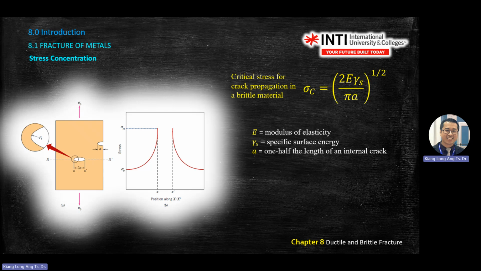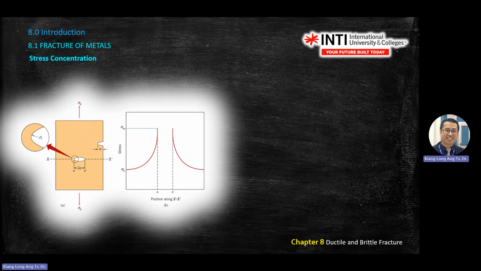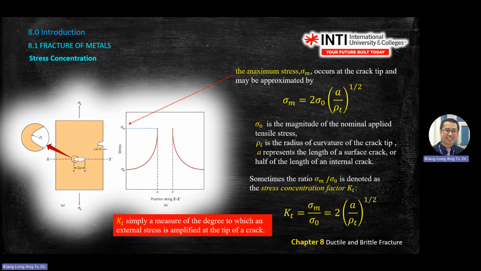Or what is the stress at the tip of the crack? The question will ask something like that, because in this equation there are 4 parameters that we can ask you: the maximum stress at the tip of the crack, the nominal stress applied on the body, which is the normal engineering stress, and A, the size of the crack.